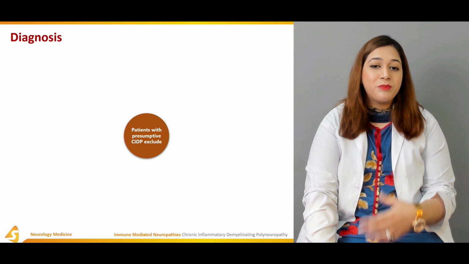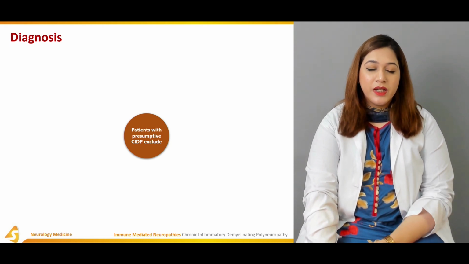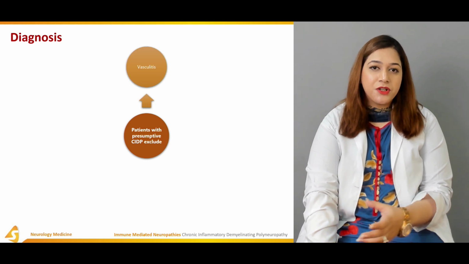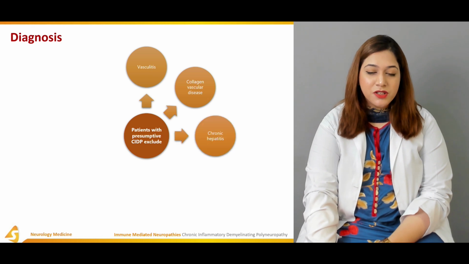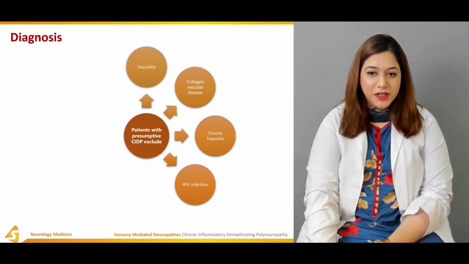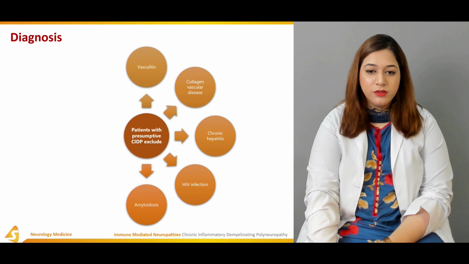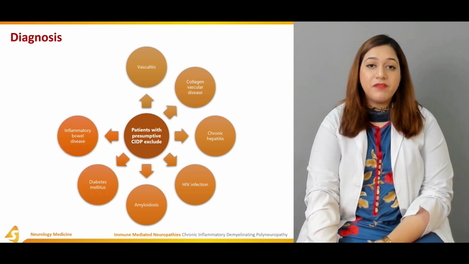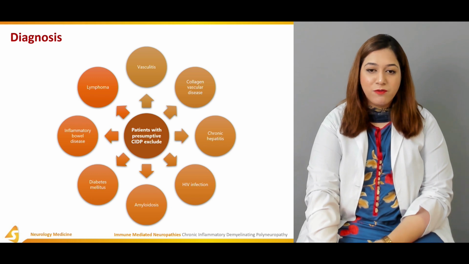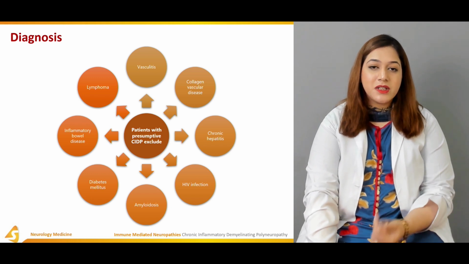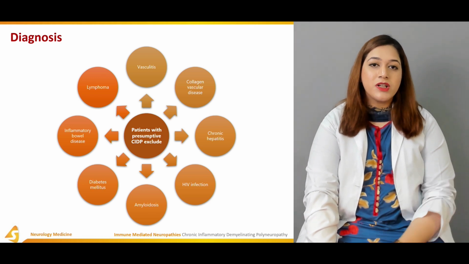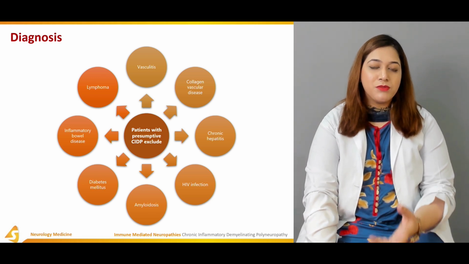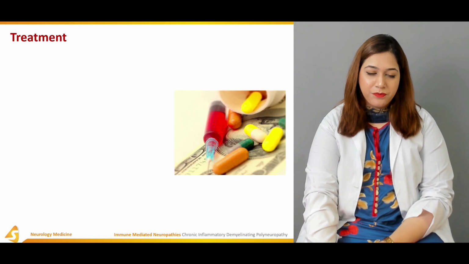In patients with presumptive CIDP, it is important to exclude other causes that include vasculitis, collagen vascular disease, chronic hepatitis, HIV infection, amyloidosis, diabetes mellitus, inflammatory bowel disease, and lymphoma. All these diseases can coexist with CIDP, or they can somehow cause similar signs and symptoms of a polyneuropathy.